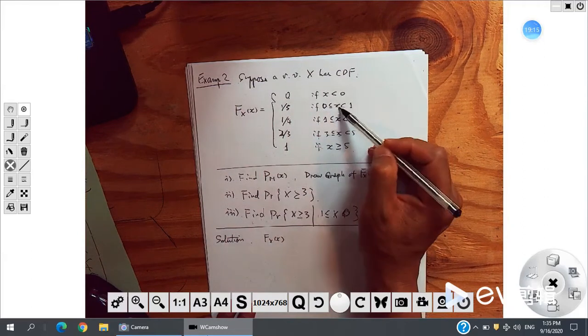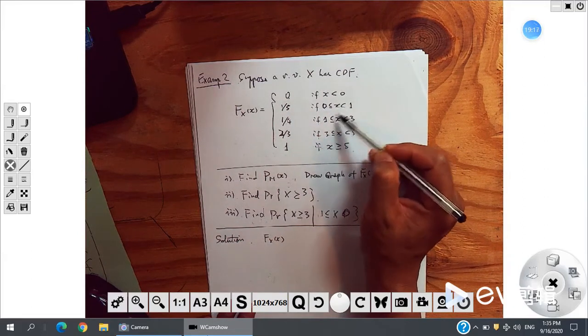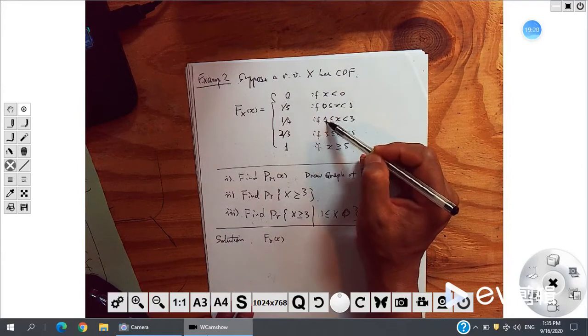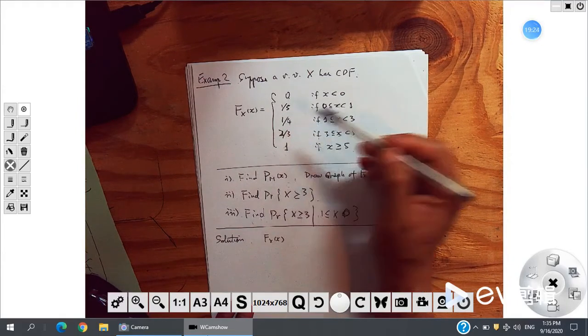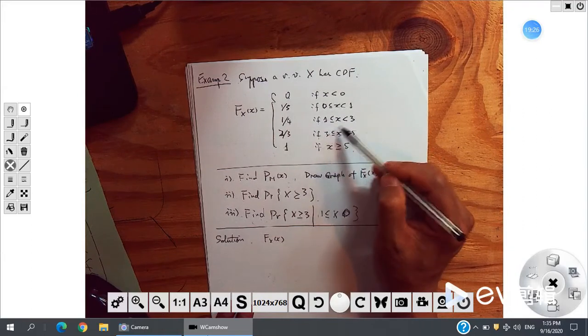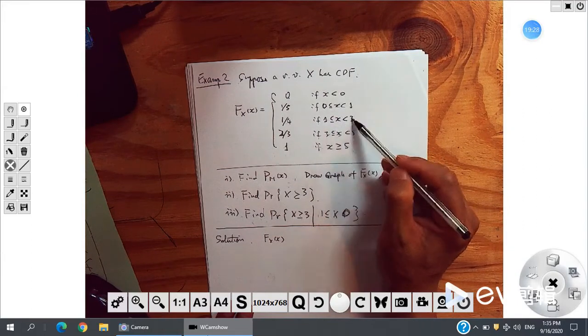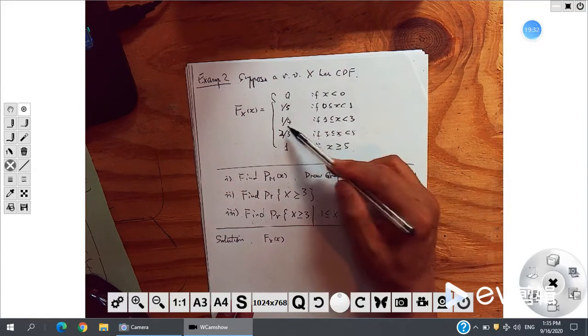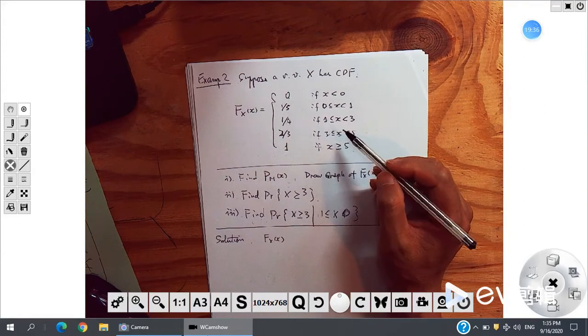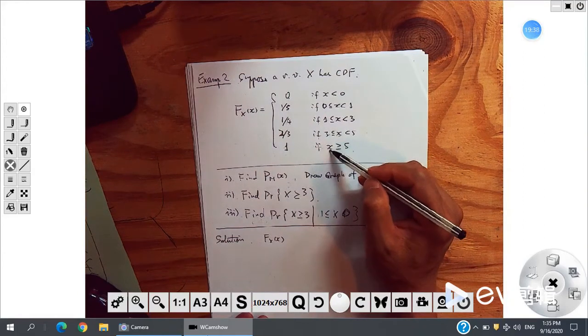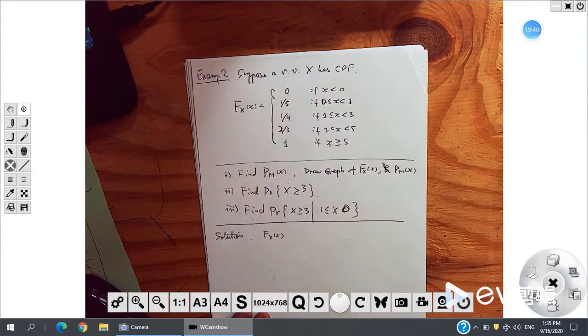And when x equals 1, the value jumps from 1/5 to 1/4. And similarly, when x has value 3, the value jumps from 1/4 to 2/3. So every time you have a jump, and here is also a jump.